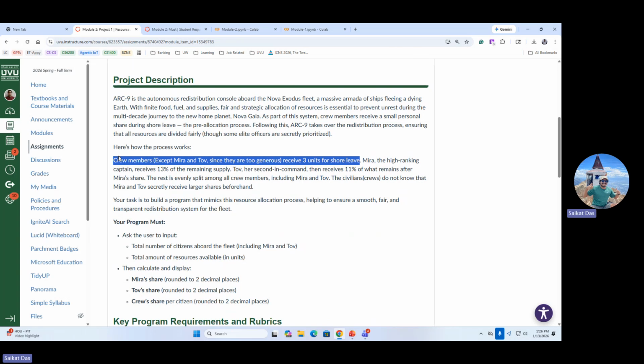What's the second step? Every time I need to calculate the remaining part. That's because whenever I'm doing any operation, I'm doing the operation on top of the remaining part, right? So Mira, the high-ranking captain, received 30% of the remaining supply.